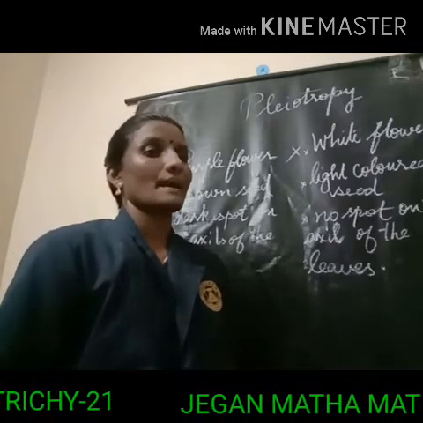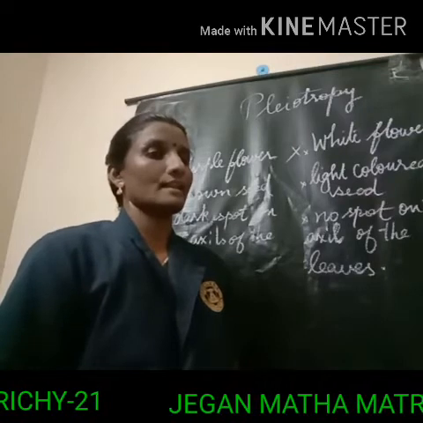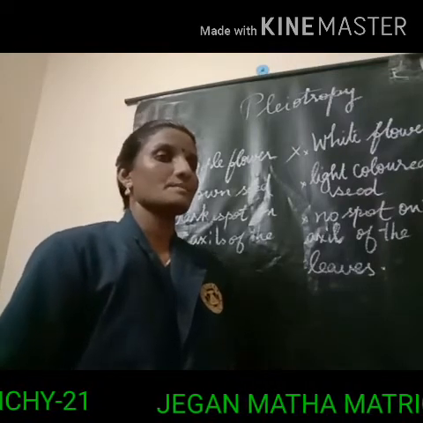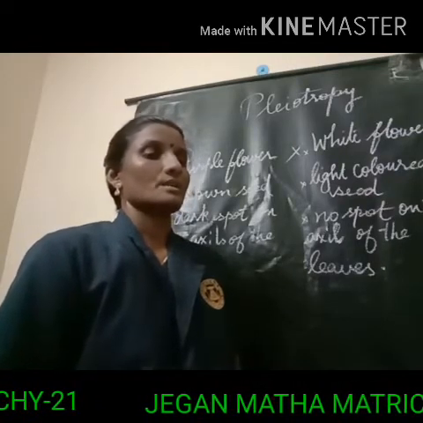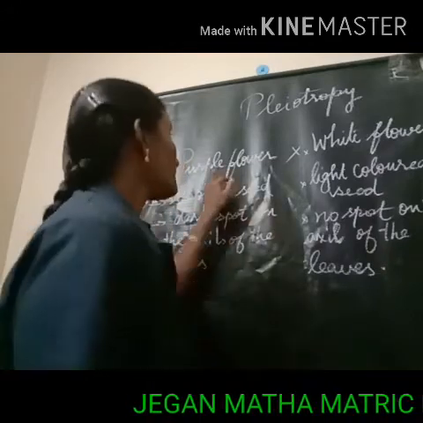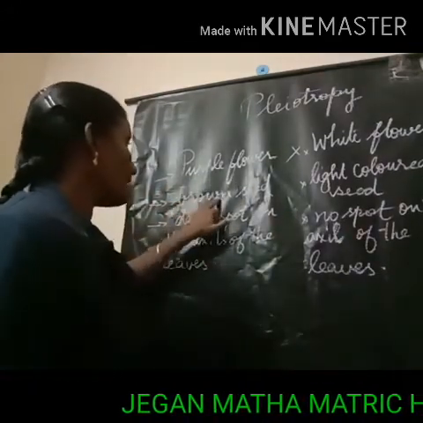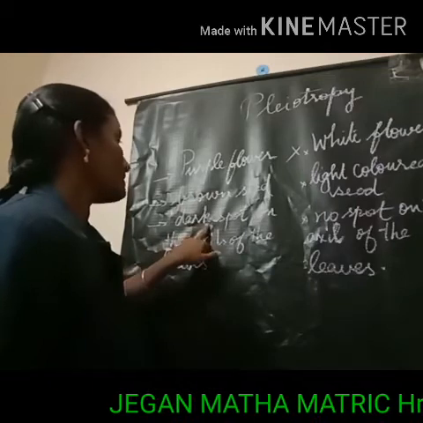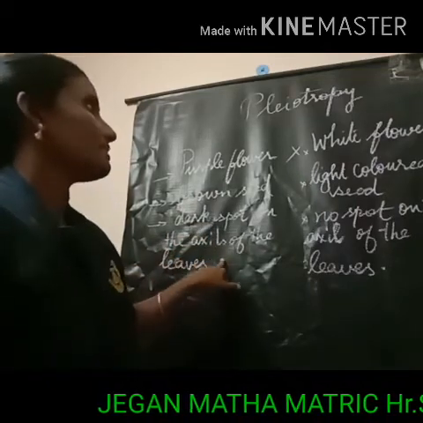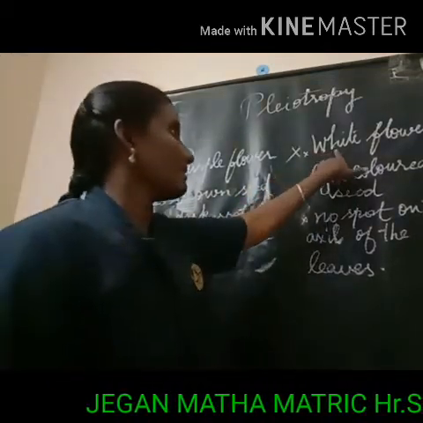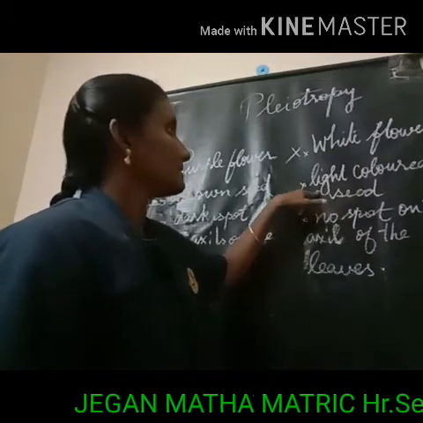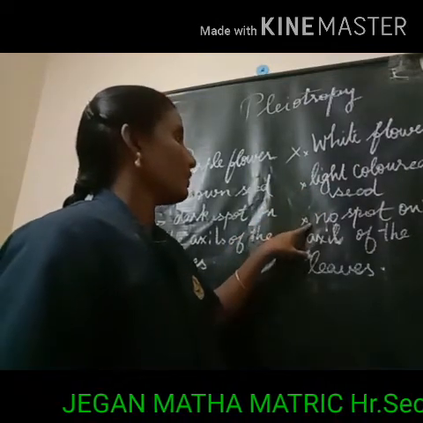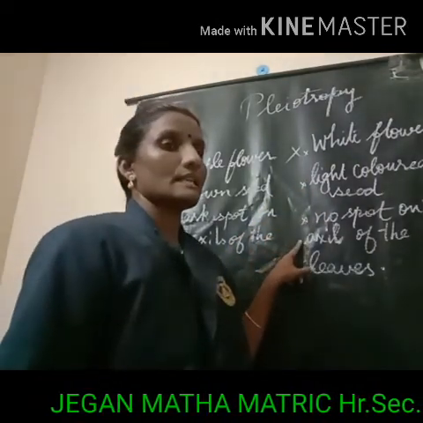The botanical name of the pea is Pisum sativum. Pea with purple flower, brown seed, and dark spot on the axil of the leaf was crossed with white flower, light colored seed, and no spot on the axil of the leaves.